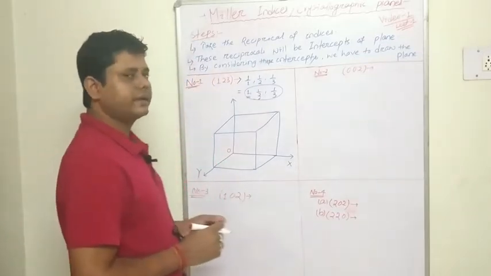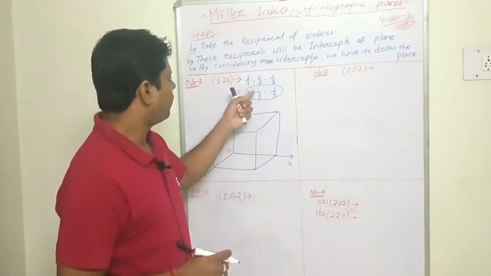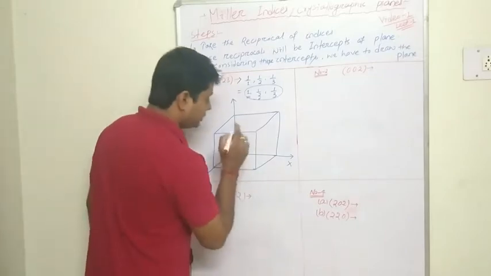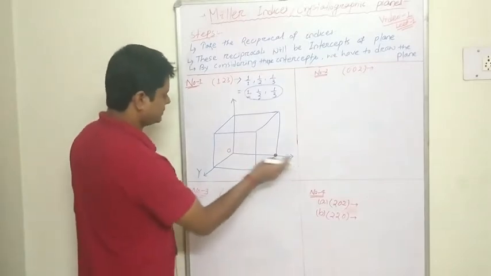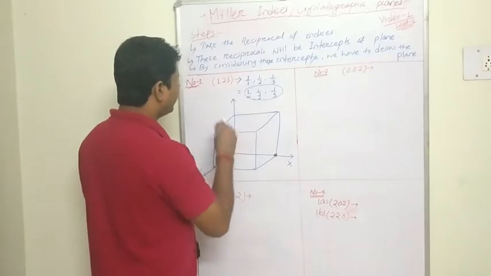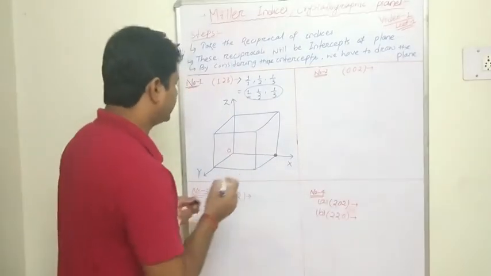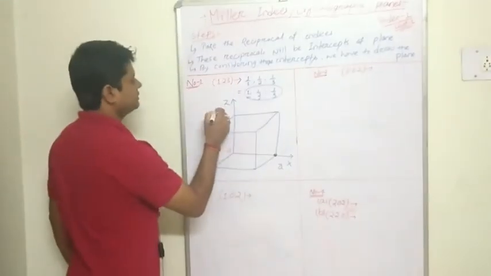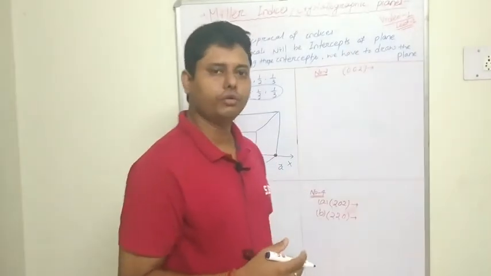Now we take the intercepts to draw the plane: 1 unit along the x-axis, meaning the plane cuts the x-axis at 1 unit. This x, y, z, this is the z-axis. These x, y, z are also called unit translation vectors, denoted by A, B and C. These we discussed in detail in video number 1.